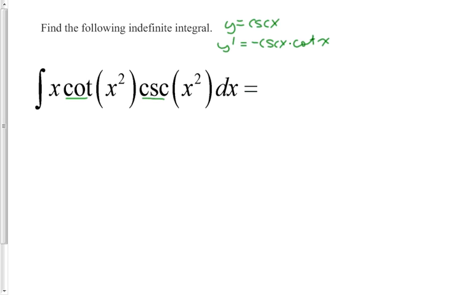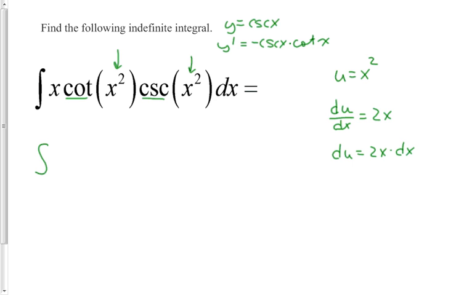So really the messy part is the whole x squared business. So that's what I'm going to let u equal. And then I know that du dx will equal 2x. And I'm going to start to do a little substitution here and look at, okay, du would equal 2x times dx.